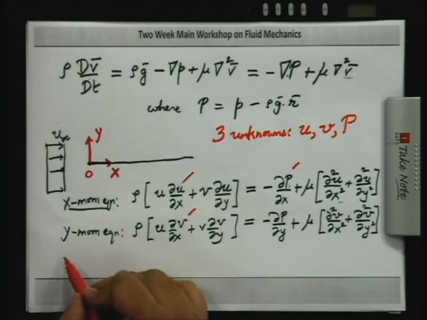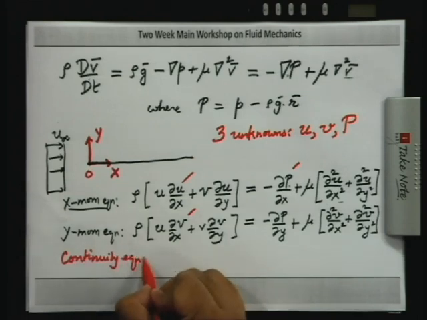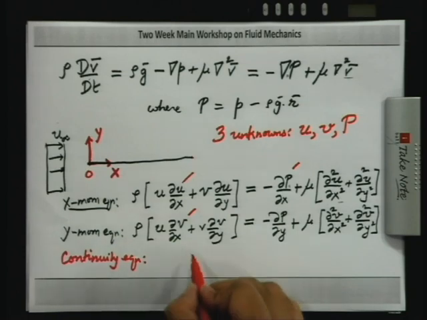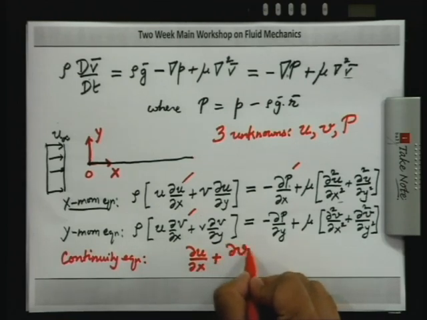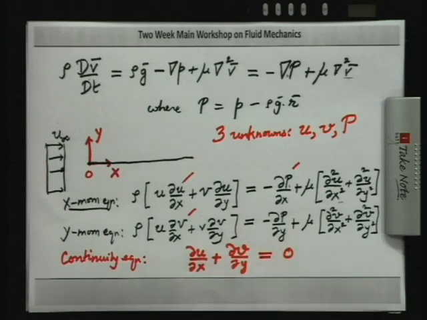The other equation which you can use is the continuity equation, or differential equation for local conservation of mass. If you have an incompressible flow, that is simply del u del x plus del v del y equal to 0. So, these are the 3 equations which you can solve with appropriate boundary conditions.